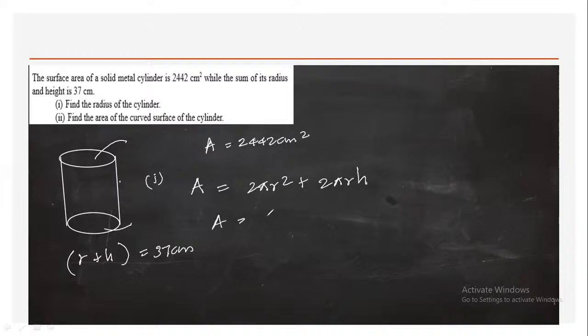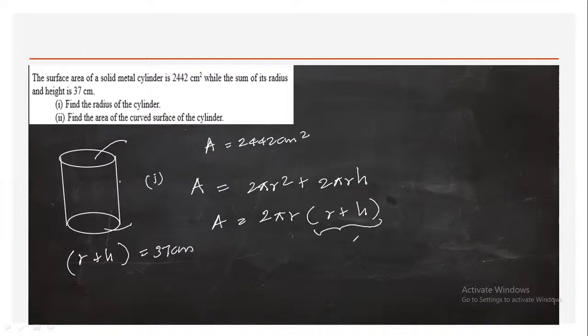Then area equals, if I take 2 pi r out, r plus h. Now you don't know the radius only, right? But here radius and height together they have given.